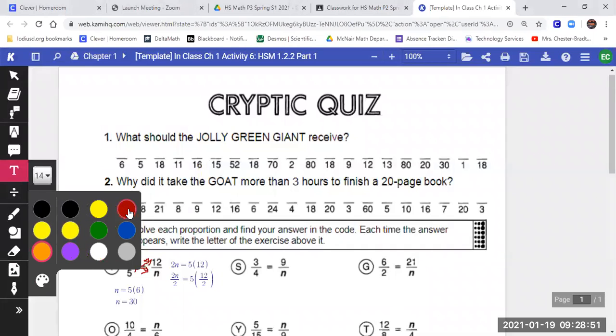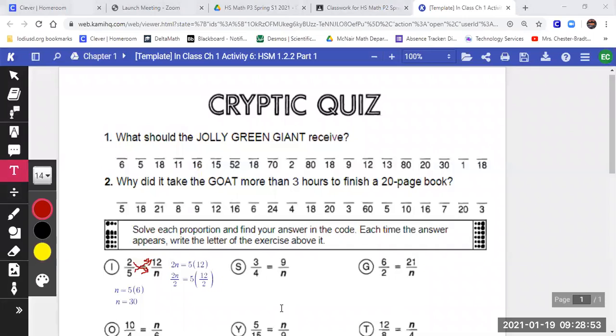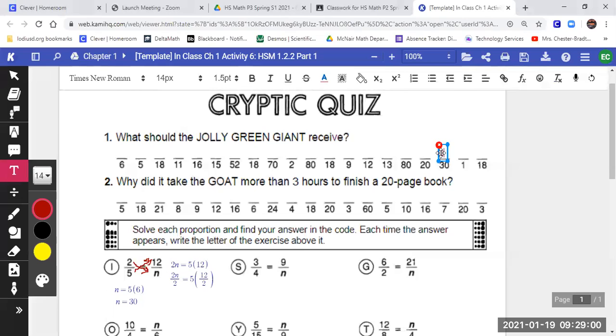Why is it again that I want red or blue? Who remembers? Any more 30s? I don't see any more 30s. So why again do I want you writing on your camis with red or blue? I told you once already.